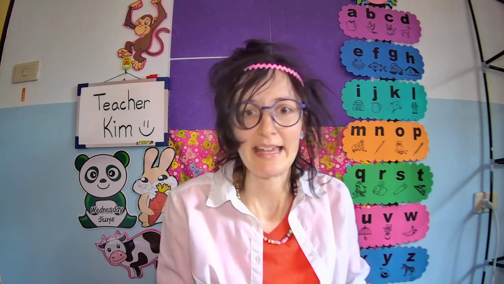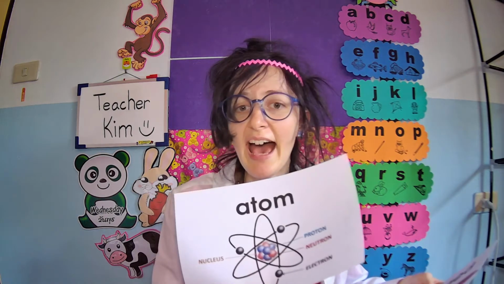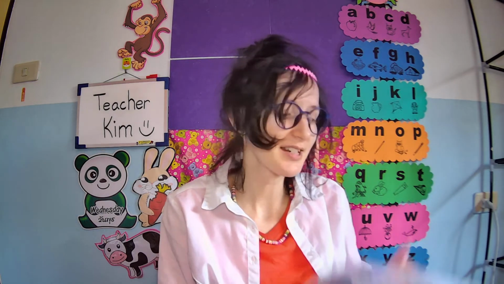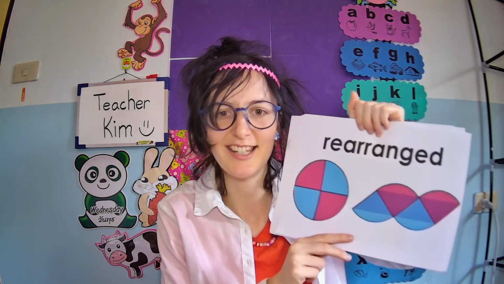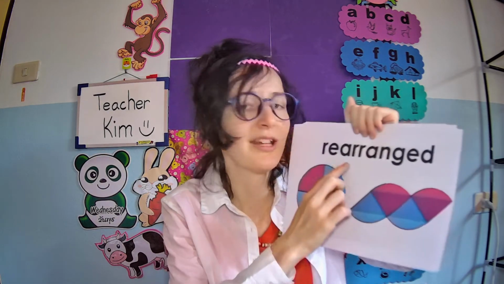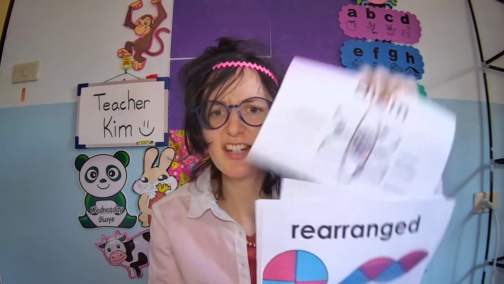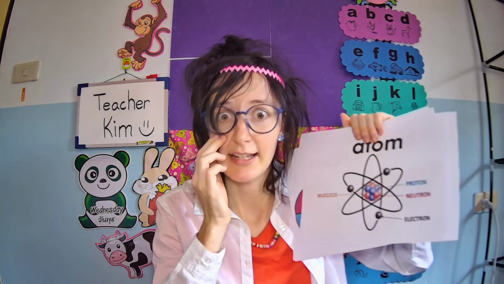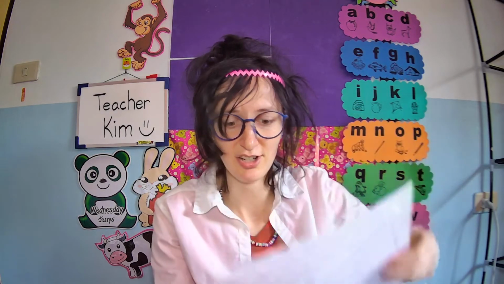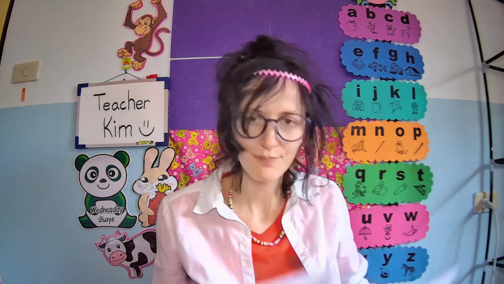Well, in a chemical change, if we change the atoms, we rearrange them. Everyone say this word, rearranged. Rearranged. So if we actually change the atom, we move the particles around, we change it. It is a chemical change. And how do we know if we have a chemical change?